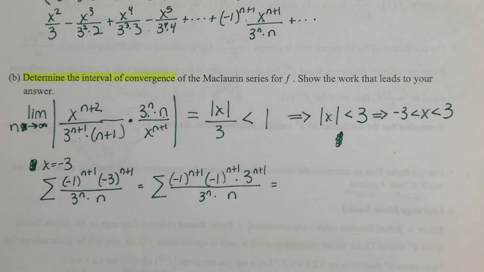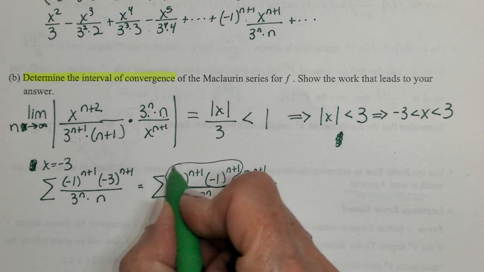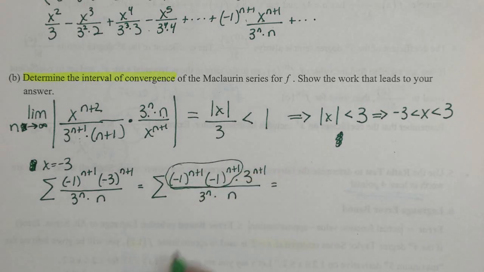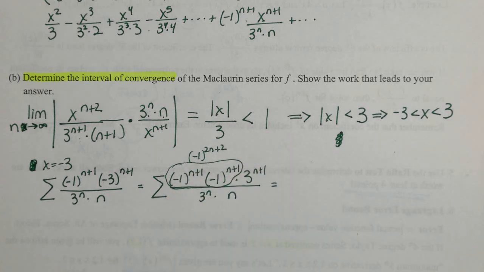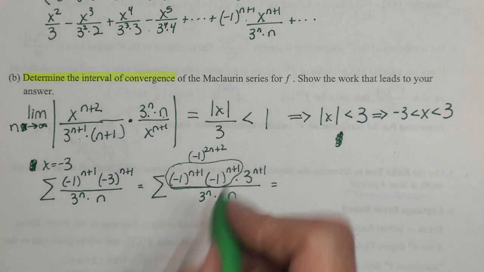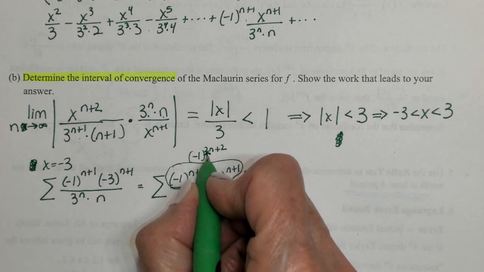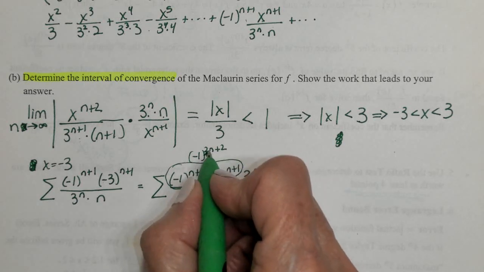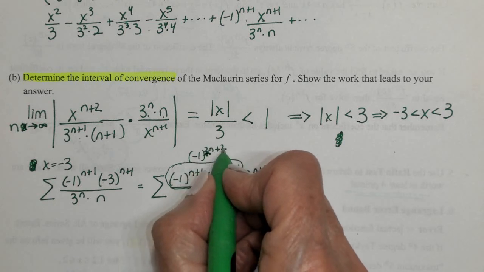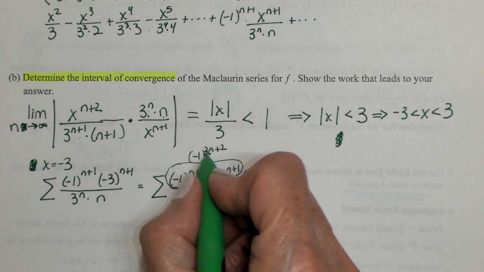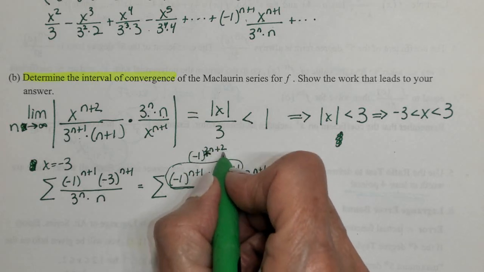Now, this right here is negative 1 to the 2n plus 2. Focusing on the 2 there, the 2n is going to make this exponent always even. If I add 2 to any even number, it's still even. Negative 1 to an even power is always 1.